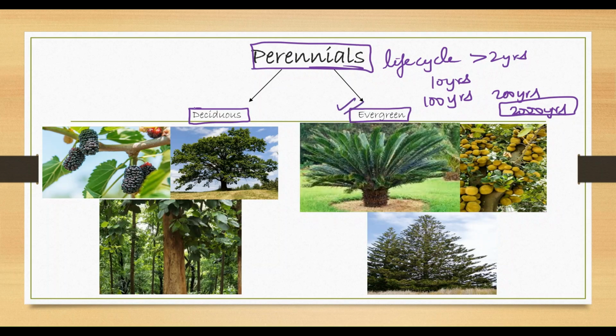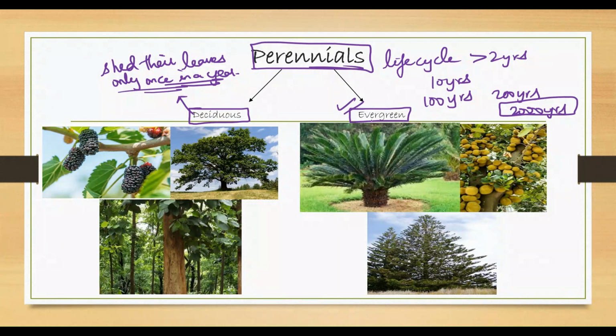When I say deciduous, what does it mean and what do I mean by saying evergreen plants? Deciduous plants are those that shed their leaves only once in a year. Once they shed their leaves completely, the tree is without leaves. It becomes a leafless tree because all the leaves are shed at a time, and once in a year. What do you mean by evergreen trees?